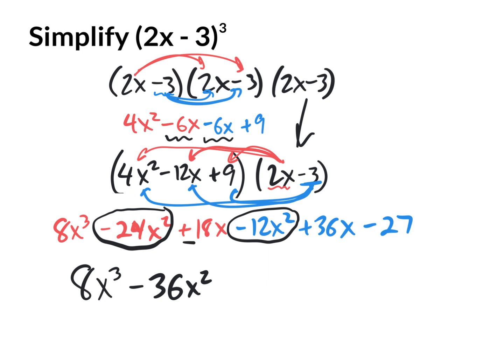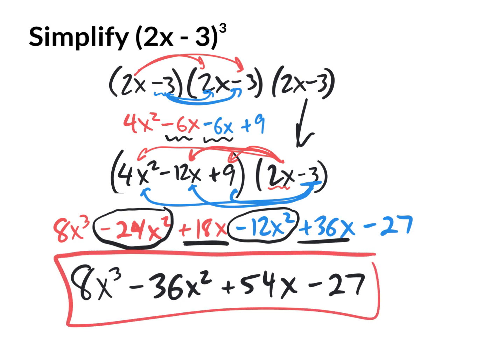And then the 18x, we could combine it with the 36x, and that will be 44. Is that right? 44? 54. 54 x's. And then we would bring down the minus 27. And dang, we are done. Did I make any mistakes? Yes. Well, we corrected them.